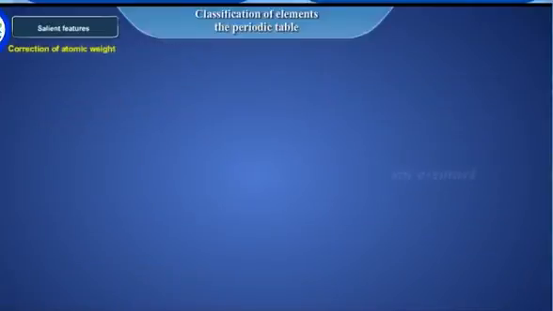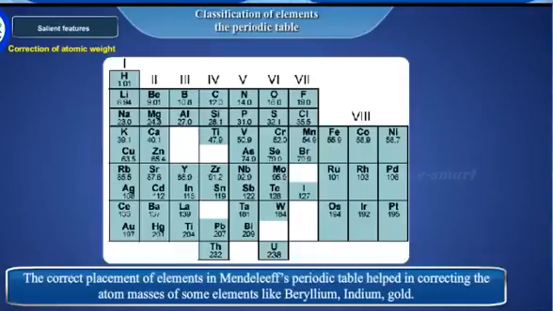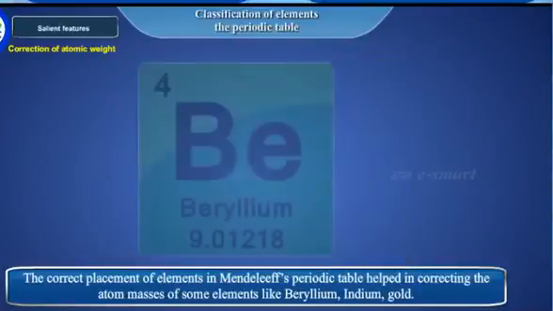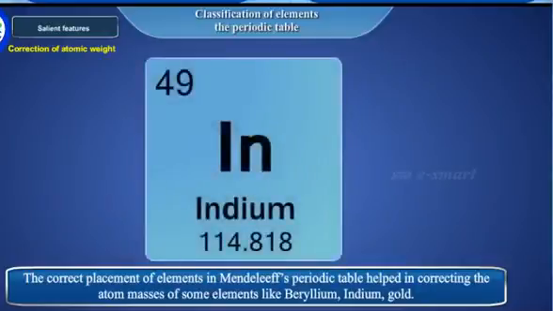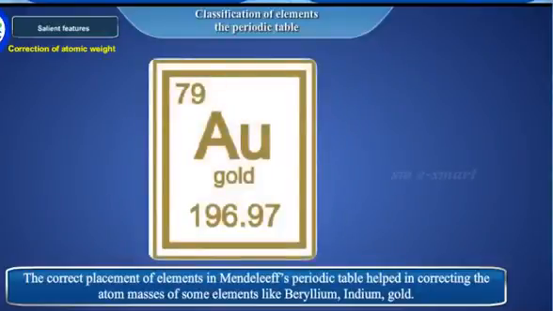Correction of atomic mass. The correct placement of elements in Mendeleev's periodic table helped in correcting the atomic masses of some elements like beryllium, indium and gold. Anomalous series.